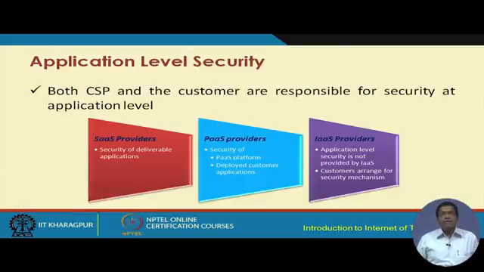At the application level, both the CSP and the customer are responsible for security. Not just the CSP; the customer also has to take care. If it is a SaaS cloud service provider, taking care of the security of deliverable applications should be their main focus from a security perspective.